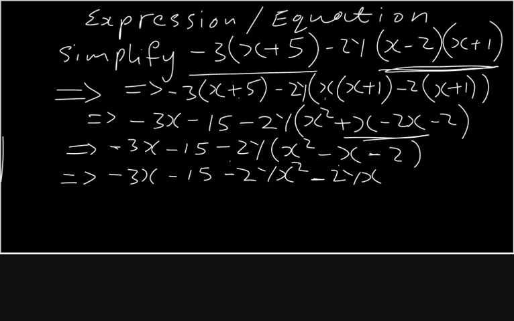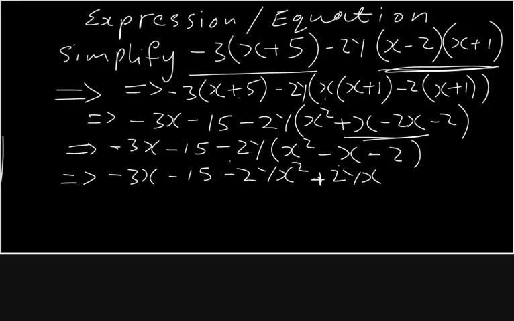Then minus 2y times minus 2 here is going to give us plus 4y. This is plus. Now this one, minus 2y times minus x, is going to give us plus 2yx.